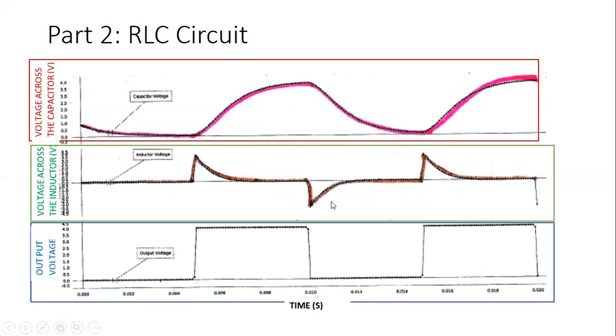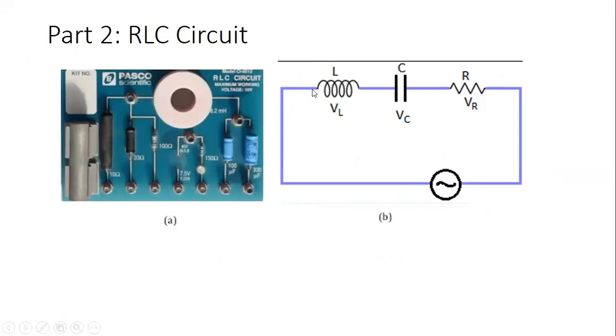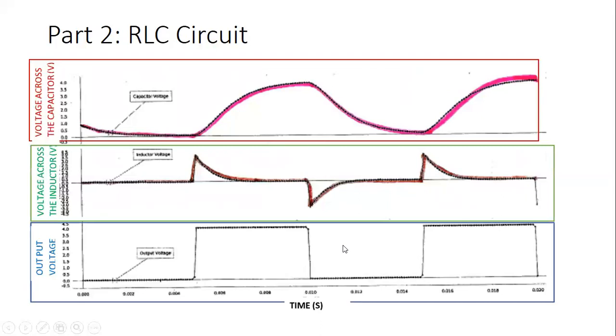Basically, we connect the two sides of the inductor, capacitor, and the resistor into the interface, and then we can collect the voltage variation with time. After I collect the data, this is the graph that I obtained.